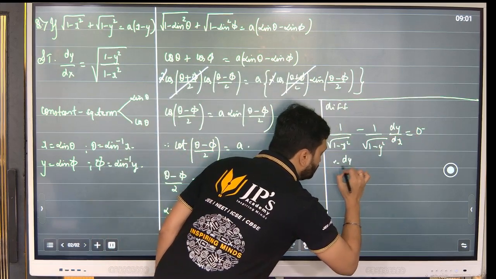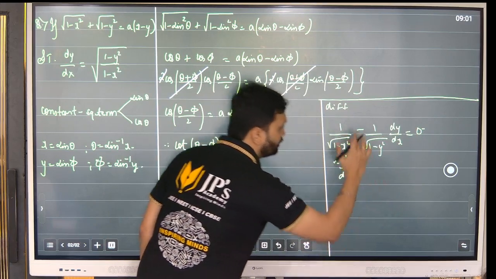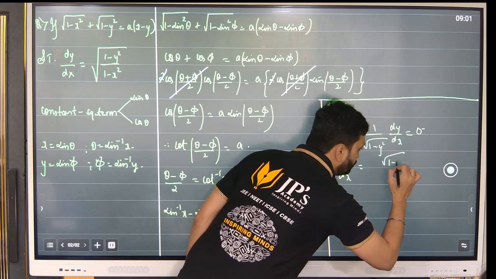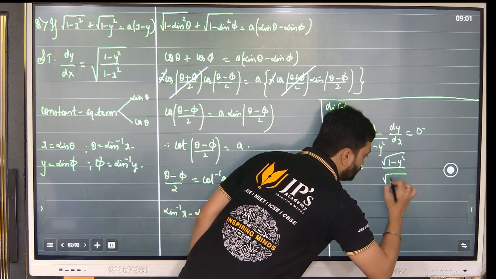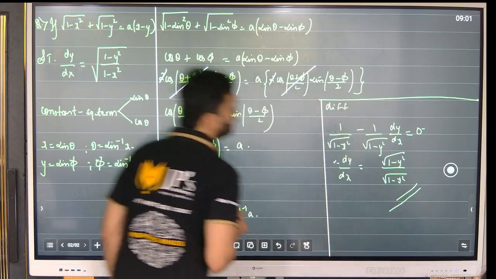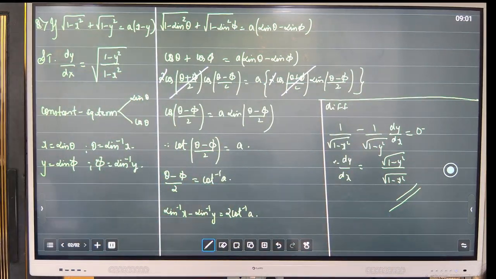Therefore, dy by dx will become under root of 1 minus y square upon under root of 1 minus x square. This is the answer, and this is what we had to prove.